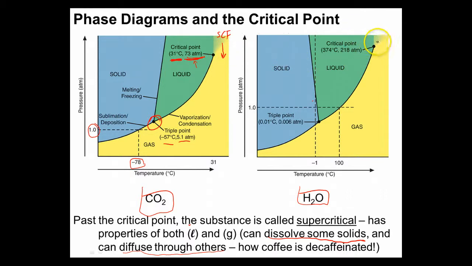Now, water can also be a supercritical fluid, but boy, do you have to get to a high temperature and pressure for that to happen. Now, we see a couple of key features here for water, and they're the things that we're used to seeing. Water boils at 100 degrees Celsius at atmospheric pressure of 1. And then it freezes at 0 degrees Celsius when pressure is 1 atmosphere.